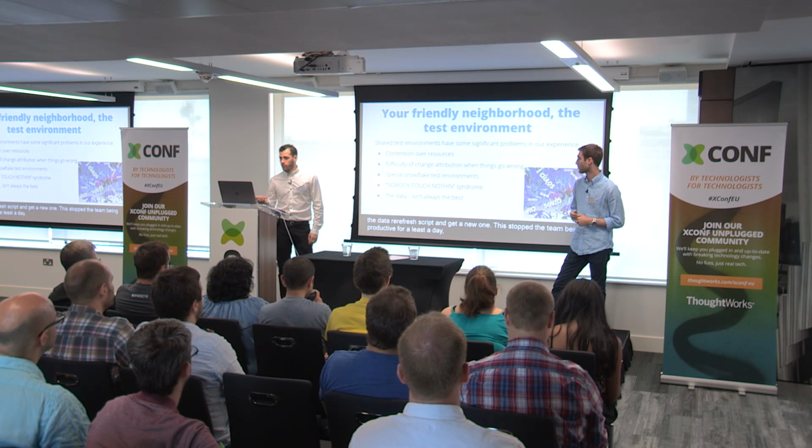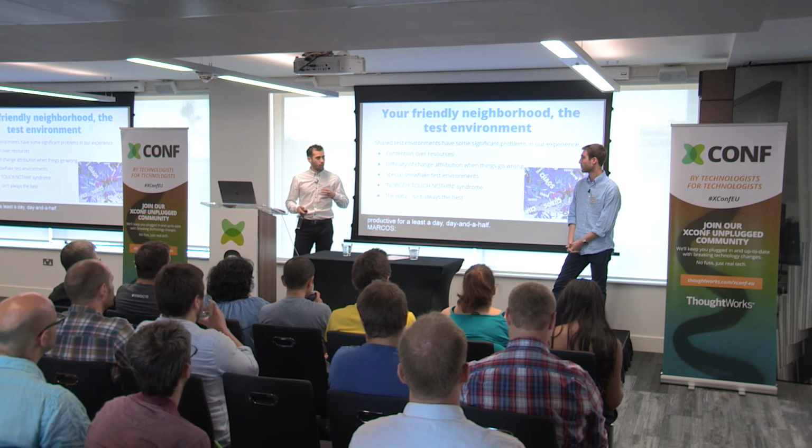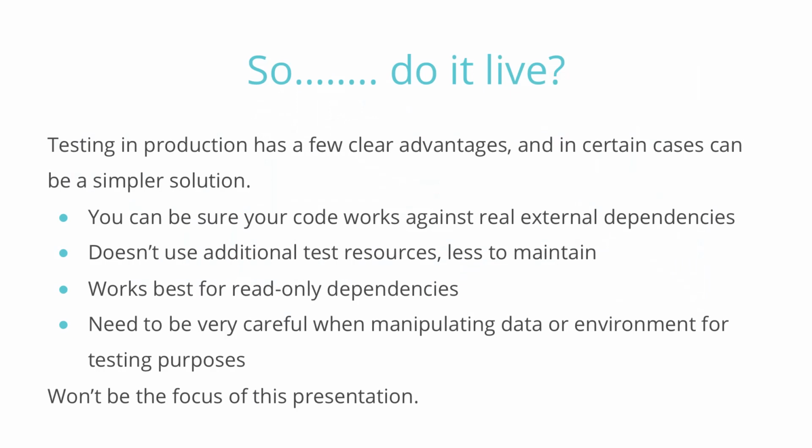If this is not the best solution, what other options do we have? OK, we can just do it live. We can hit the real external dependencies, the real staging, the real production environment of our dependencies. This could make sense in some cases, but you have to be careful.